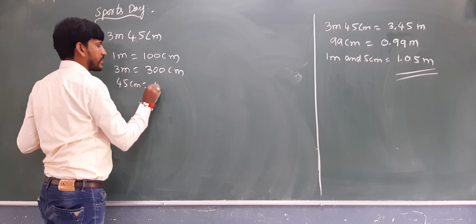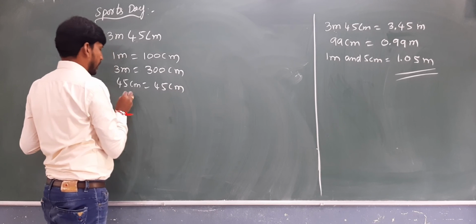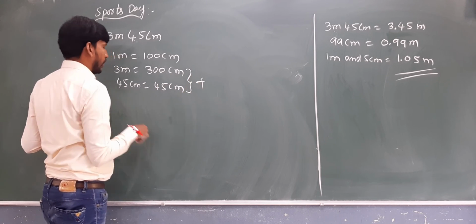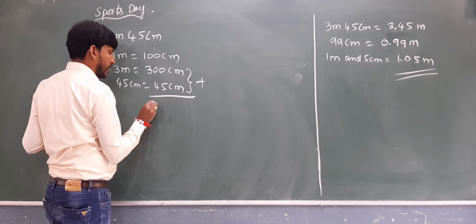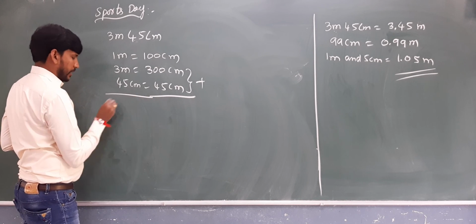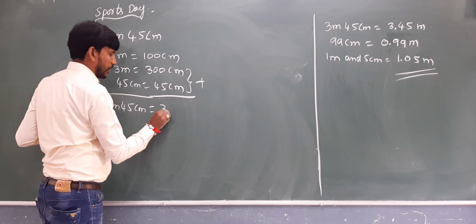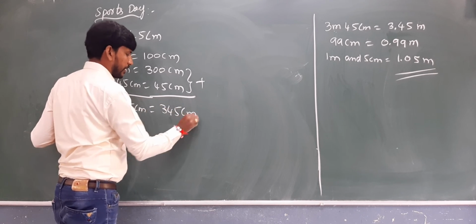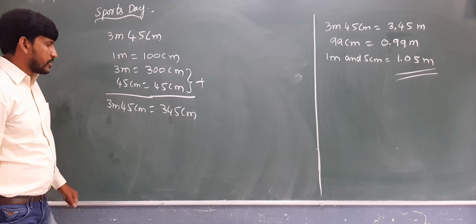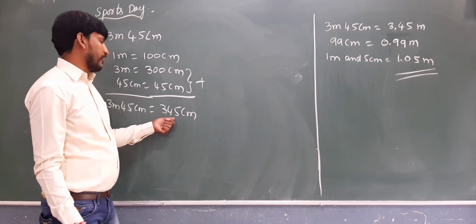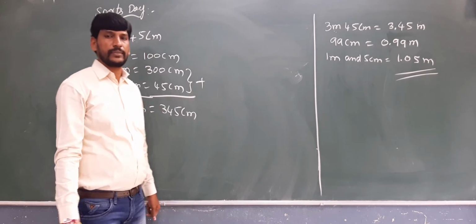By adding these two, you will get how much here? So here I am going to write 3 meters 45 centimeters, which is equal to 345 centimeters. Clear? So now, how to convert this 345 centimeters into meters?